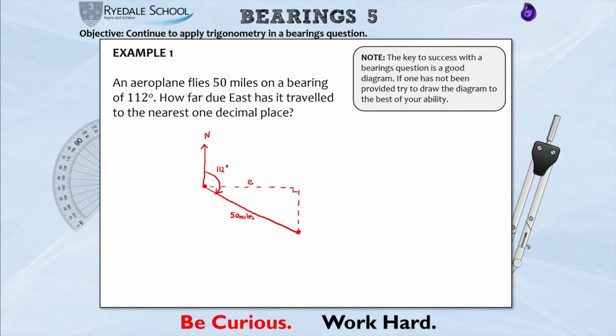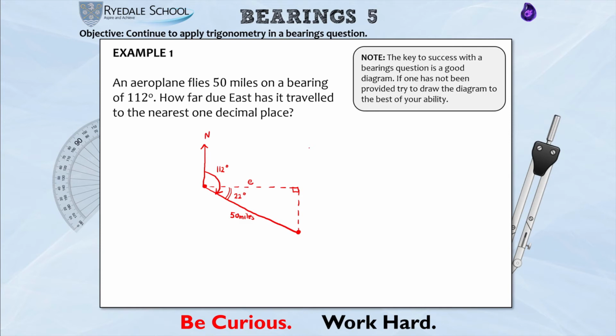So I've got a right angled triangle. I've got 50 miles, but the 112 isn't part of the angle in the triangle. So what I need to figure out is what this angle here is. Well, if it's 90 degrees around to east, how many more degrees from 90? That is 22 degrees.